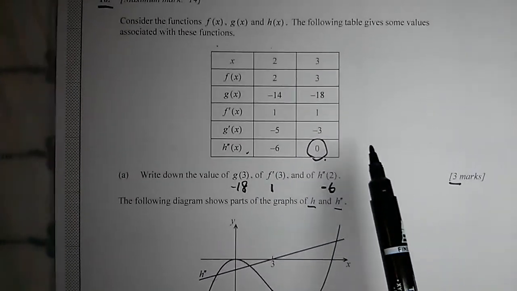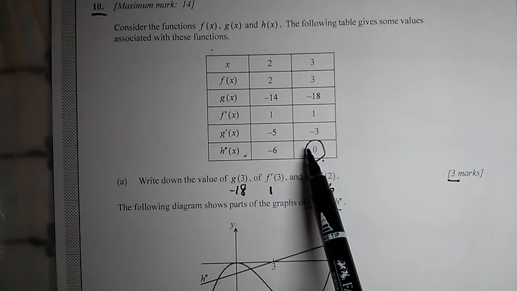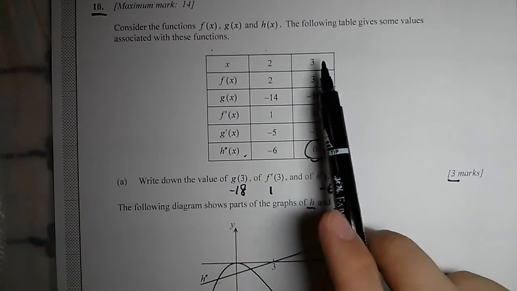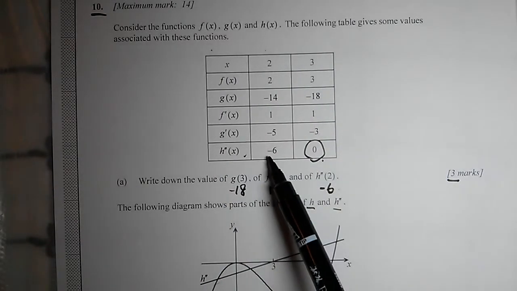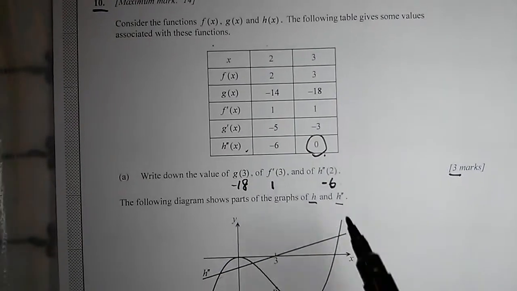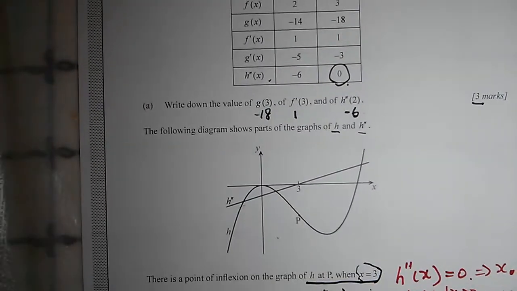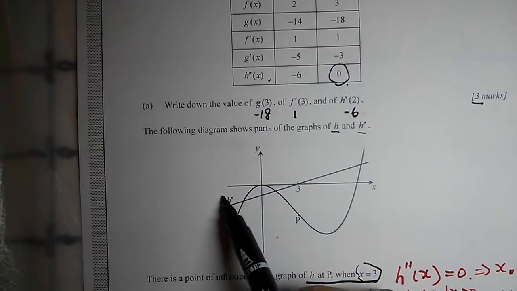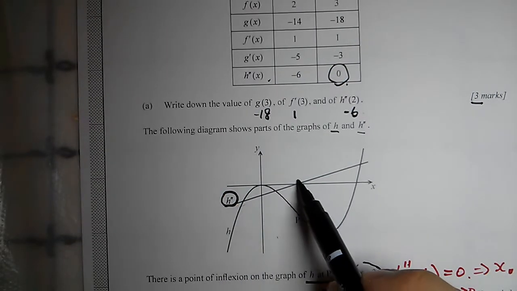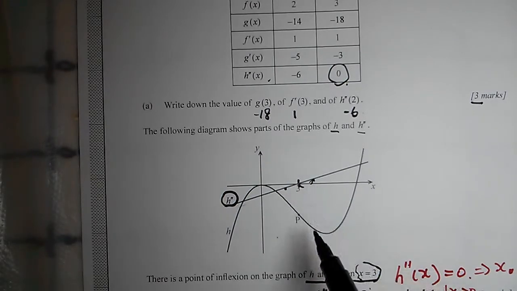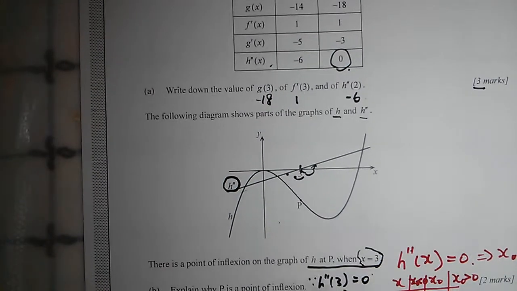In the table, we cannot see that because we do not have any value for h double dash before 3 or after 3. You may say 2 is negative 6, but what about after 3? It happens that we see from the graph. In the graph of h double dash, look at 3. Before 3 is negative, after 3 is positive. So you write this down.